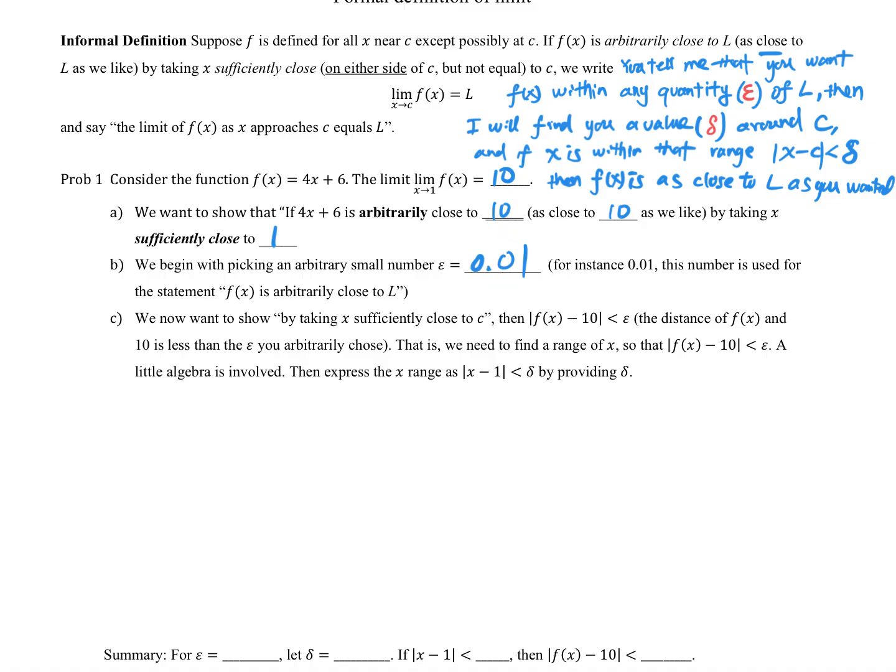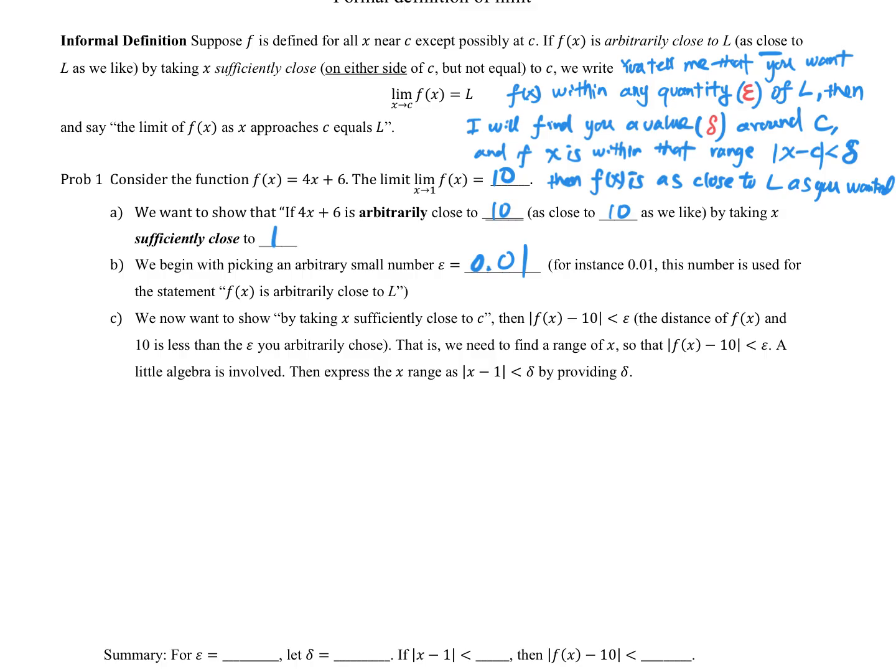I'll find you a delta so that your y value will be within the range that you wanted, around the 10. So now we want to show, by taking x sufficiently close to c, which in this case is 1, that your function value minus 10 is less than the number you specified.